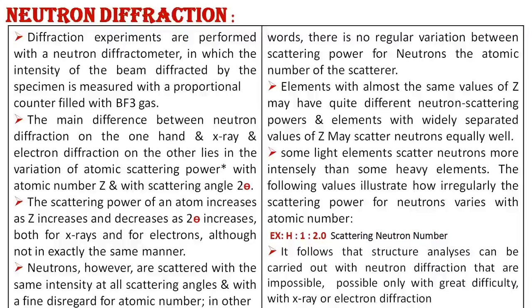The following values illustrate how irregularly the scattering power for neutrons varies with atomic number. Example, H is 1 and has 2.0 scattering neutron power. It follows that structure analyses can be carried out with neutron diffraction that are possible only with great difficulty with X-ray or electron diffraction.